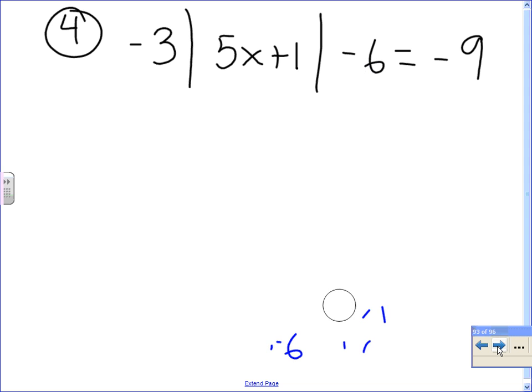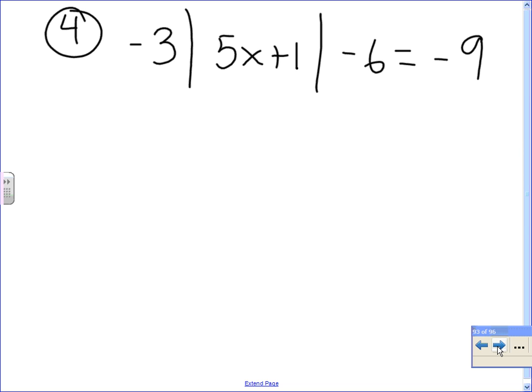Negative 3 absolute value of 5x plus 1, minus 6 equals negative 9. Okay, so my first question to you, while you're writing this down: how many solutions will the absolute value problems have?